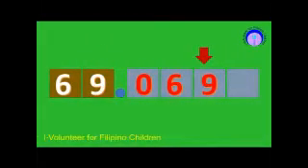The next number is 69 and 69 thousandths. Digit 9 is in the thousandths place. Next number is 82 and 5/10,000ths.